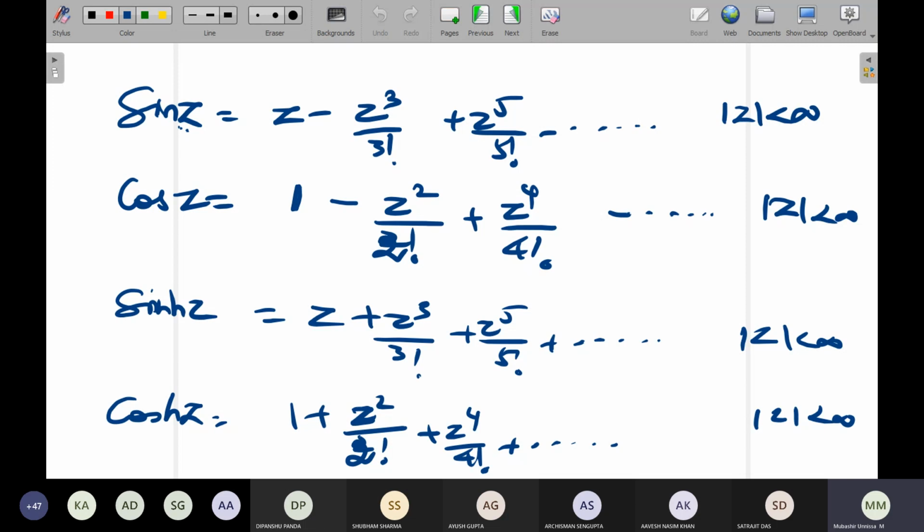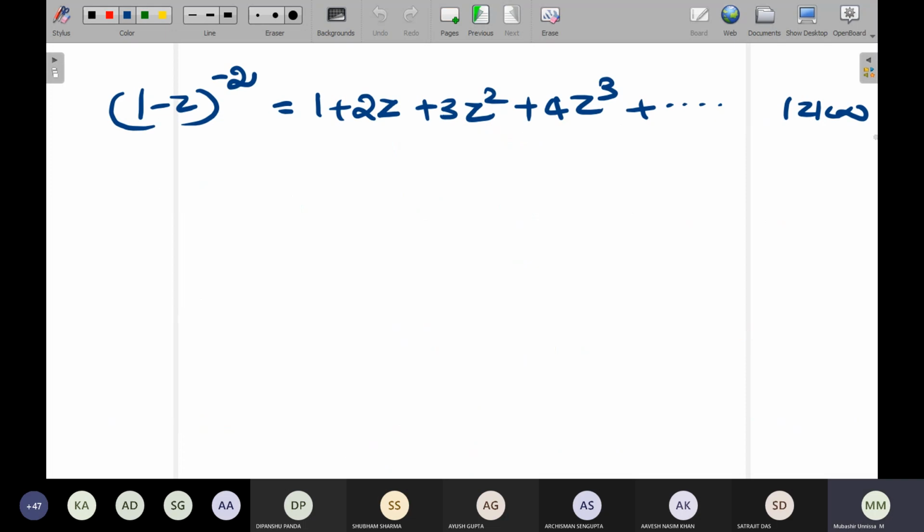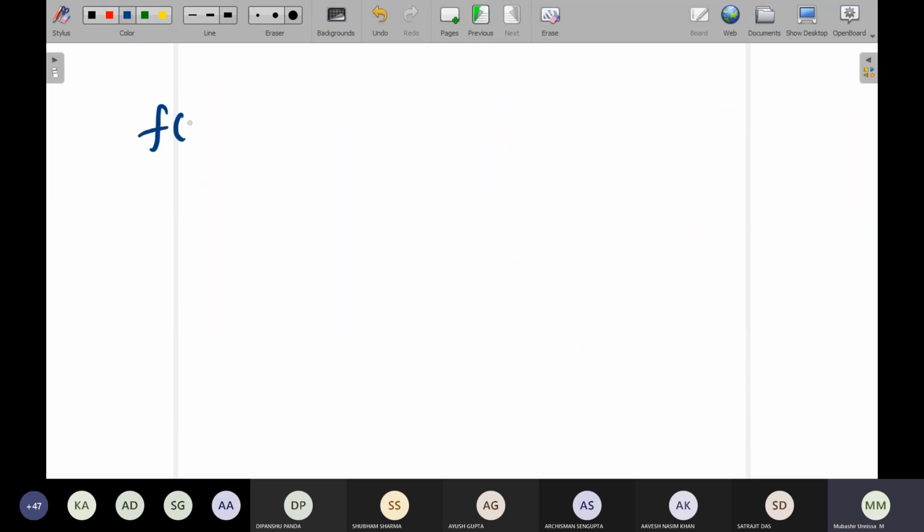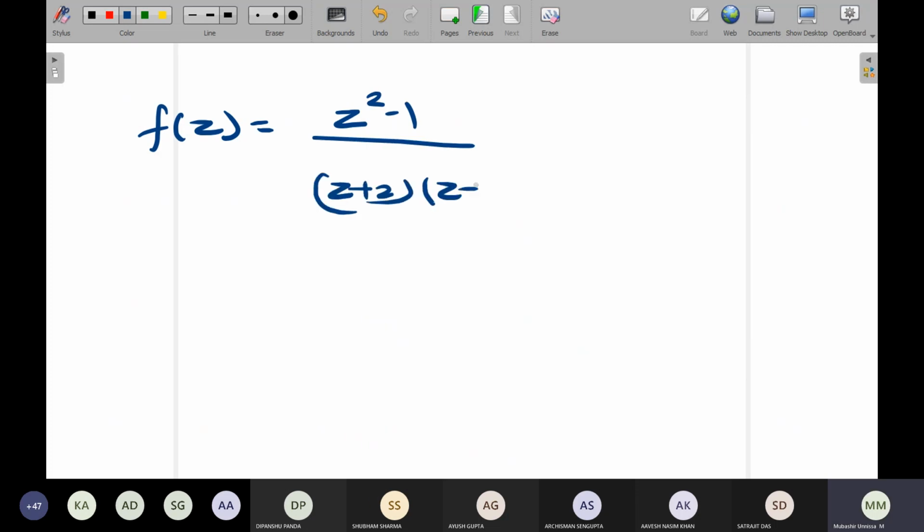Obtain Taylor series to represent the function f of z is equal to z square minus 1 divided by z plus 2 into z plus 3, in the region mod z less than 2.